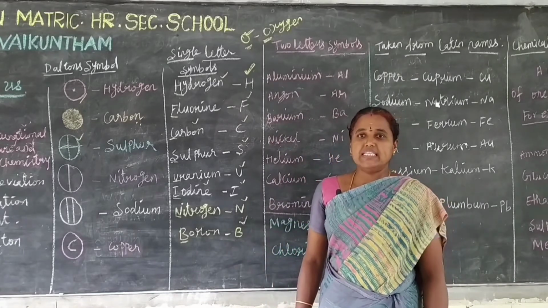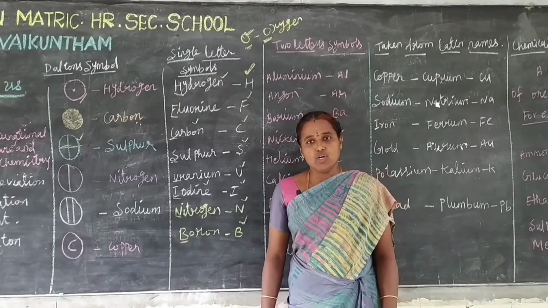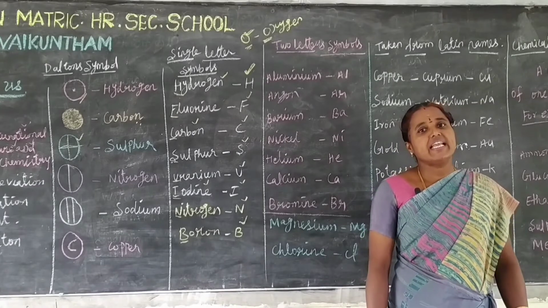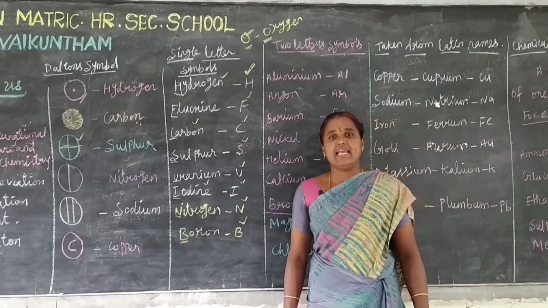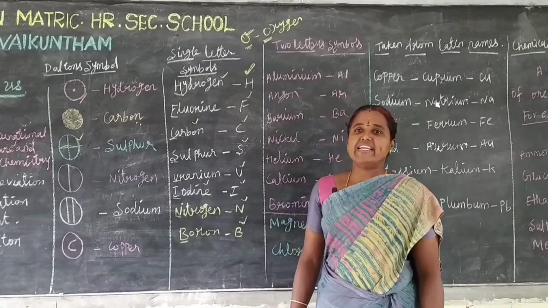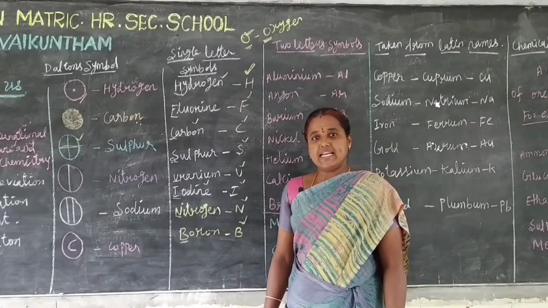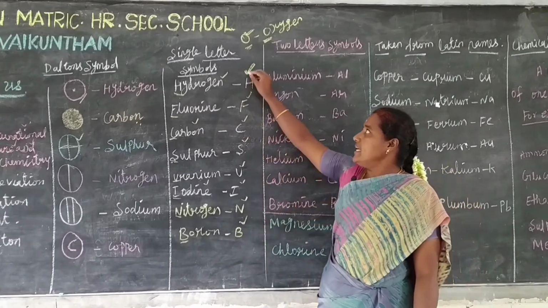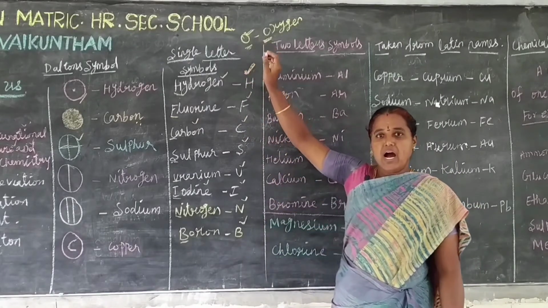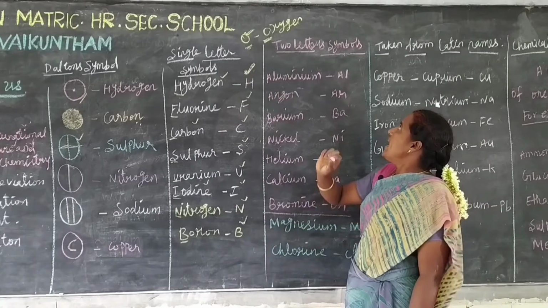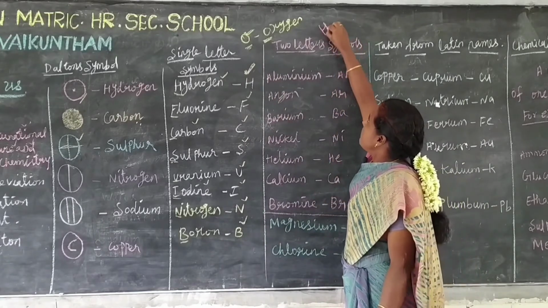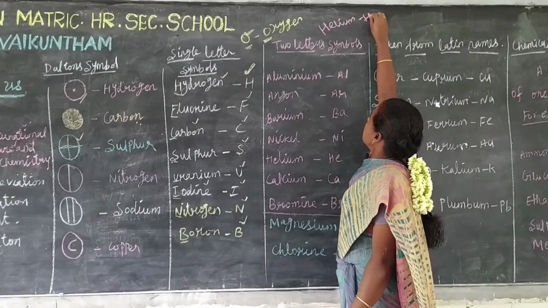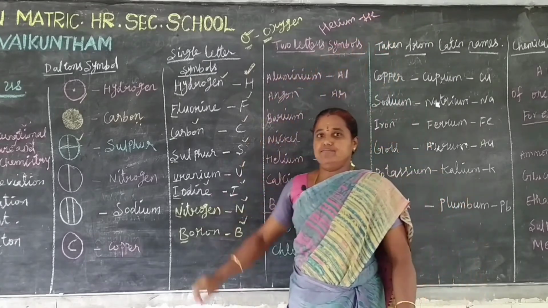For example, the names of both hydrogen and helium begin with H. So hydrogen is represented by the symbol H, and helium by the symbol He.